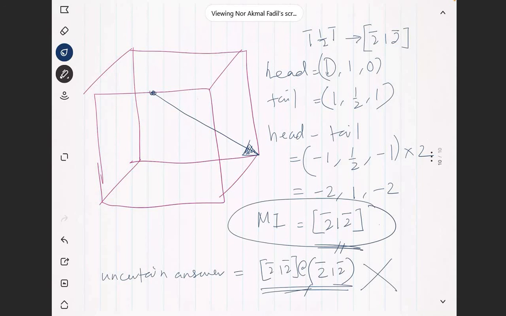Only write this answer and then I will give full marks. Do not ask me to choose which one is correct. Also, don't give this answer without the bracket. It is not a Miller index. Miller index must be written like this one.